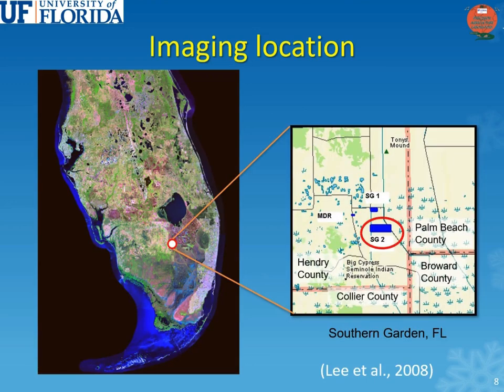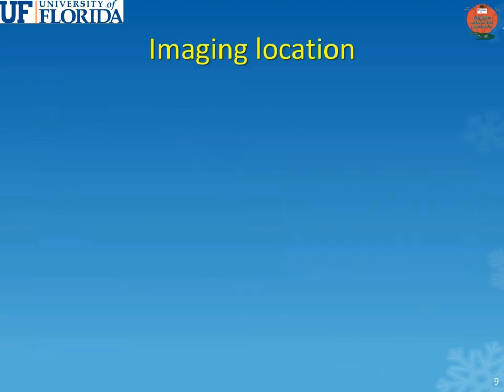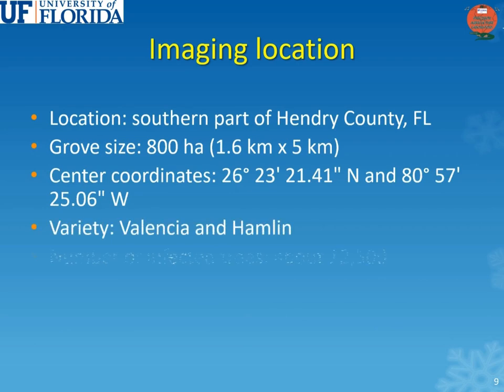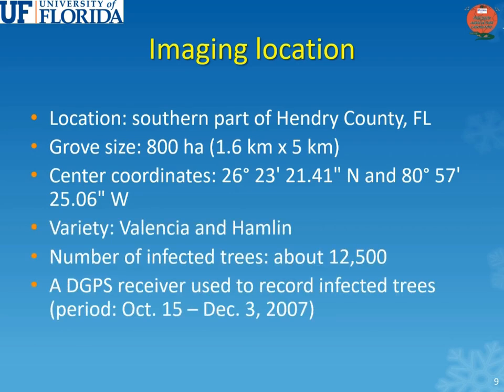Here is the imaging location in 2007. It is the southern part of Hendry County, about 800 hectares of Valencia and Hamlin varieties, and there were about 12,500 infected trees.